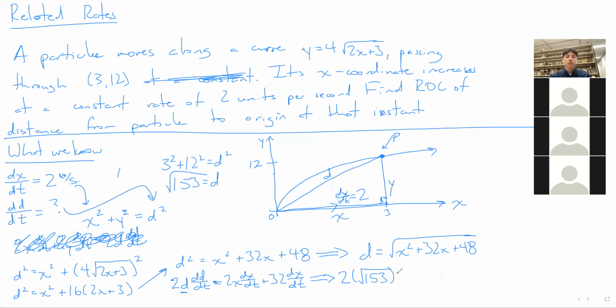So 2 radical 153 dd/dt is equal to 2 times 3 times 2 plus 32 times 2. So whatever this comes out to be is your approximation for what that rate is.